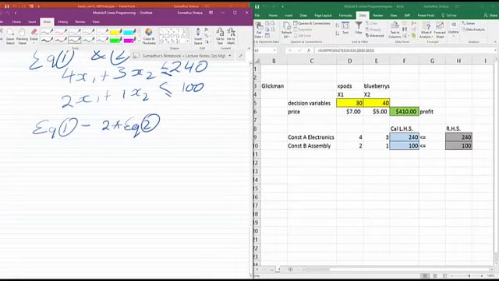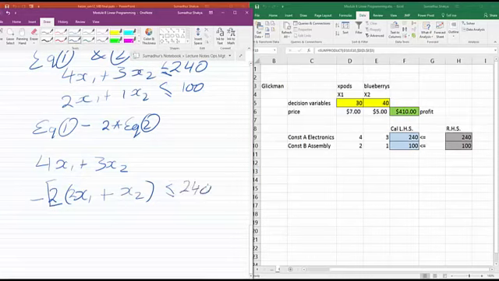Because I'm multiplying the full equation by a number, my equation stays unchanged, which means I will be dealing with 4x1 plus 3x2 minus 2 times (2x1 plus x2) less than or equal to 240 minus 2 times 100. Okay, let's solve for it.